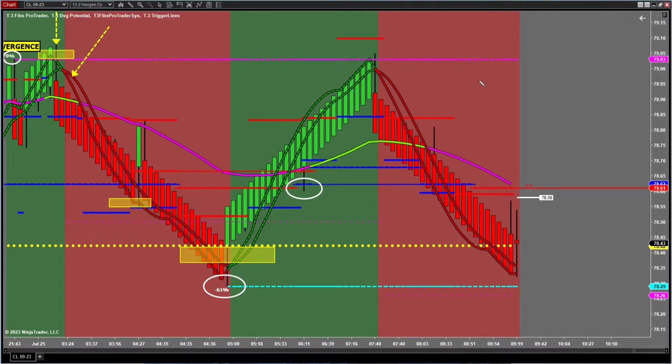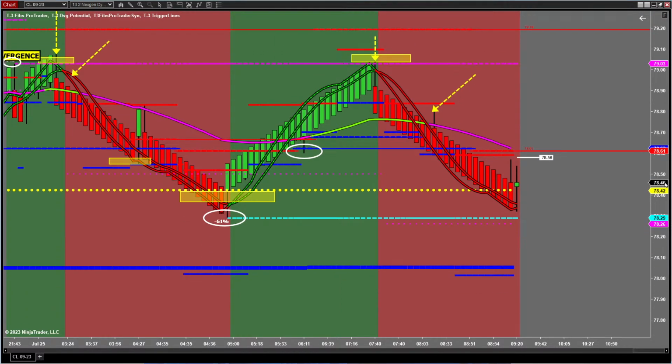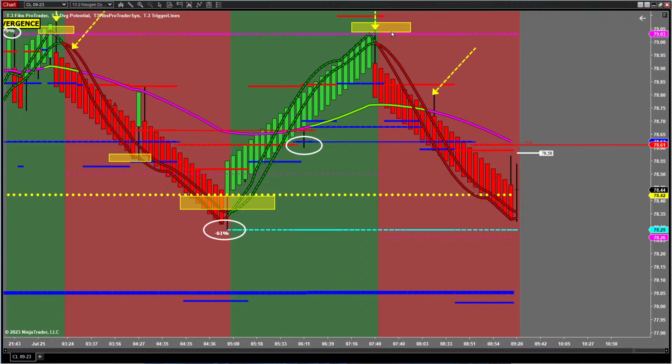Before these triggers got strong to the downside, what happened? And we had another one of these pivot stop outs of a divergence line, which again are very, very powerful termination conditions for us. And they're more powerful when not only do we get the condition, but then we have strong trigger lines after it.